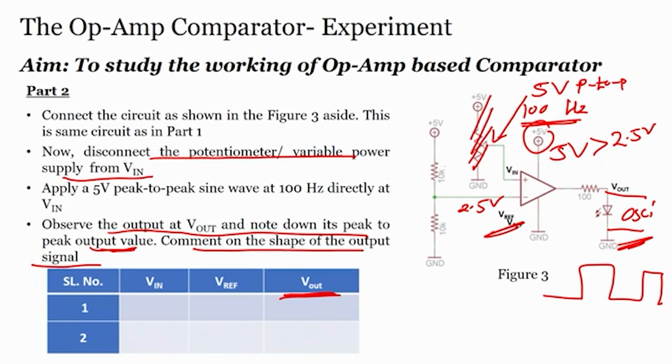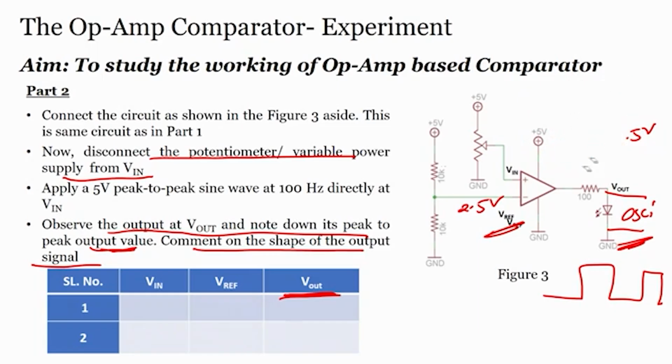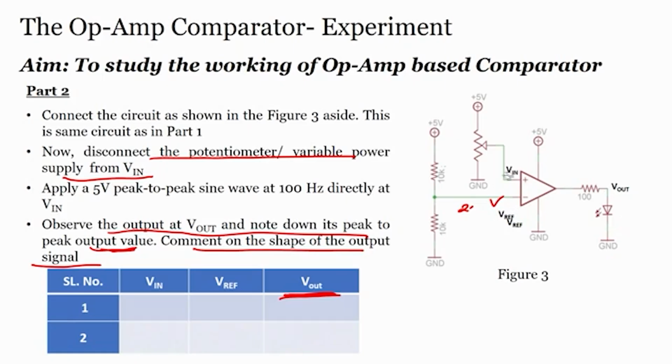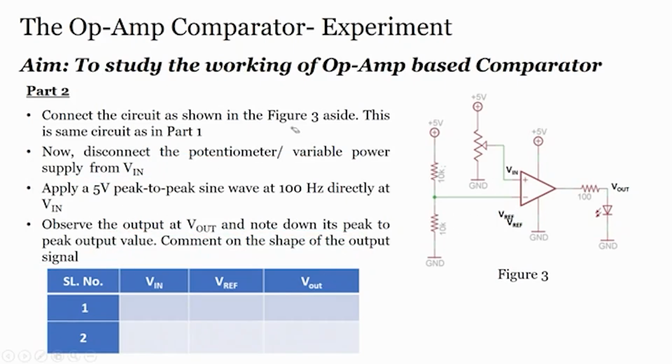Applying a sine wave here, the output would be a square wave, alright. So, I hope that you understood the role of an operational amplifier as a comparator, and you will go through this lecture once again, so that you completely understand what I have discussed in this particular module.